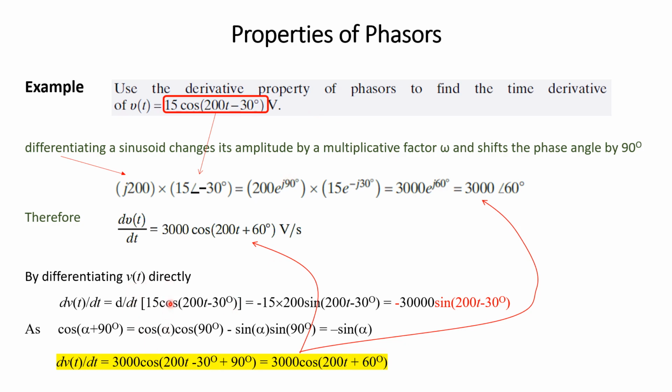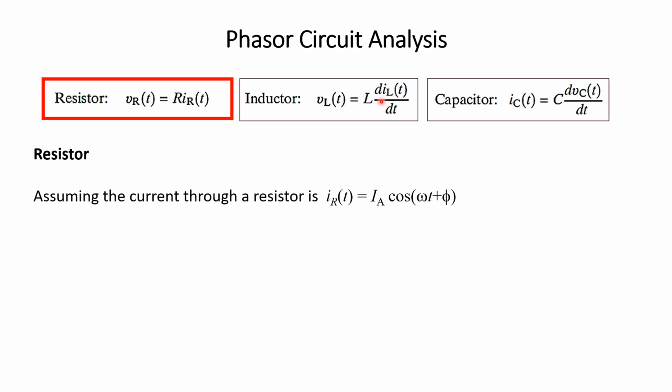This was the recheck in the time domain, differentiating the voltage function directly and then representing it as a phasor. Now there are three circuit elements: resistance, inductance or inductor, and capacitance or capacitor.